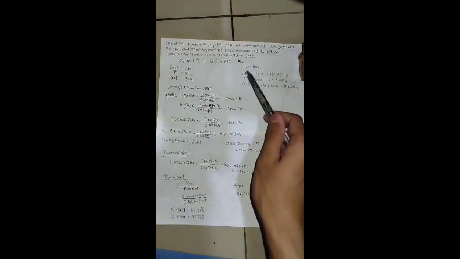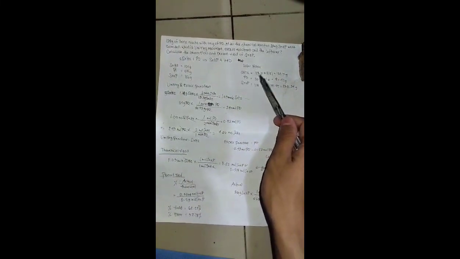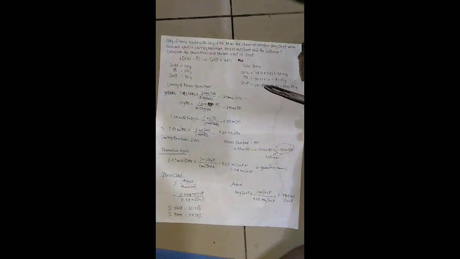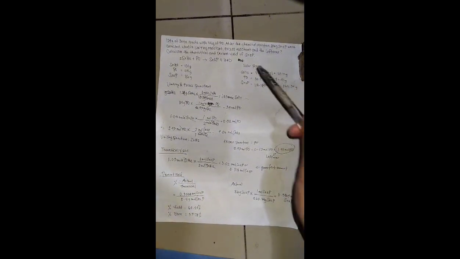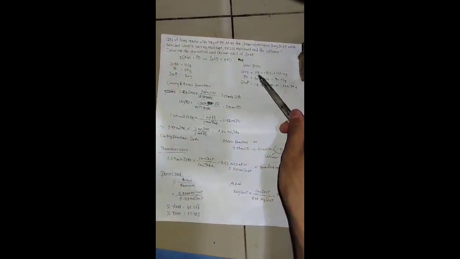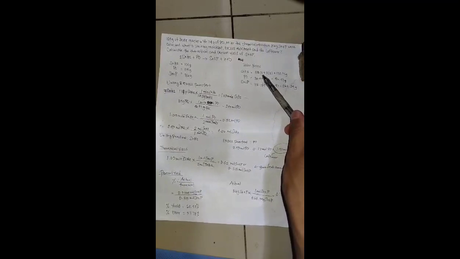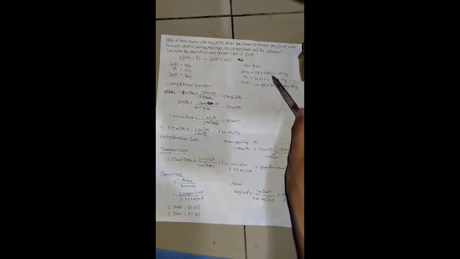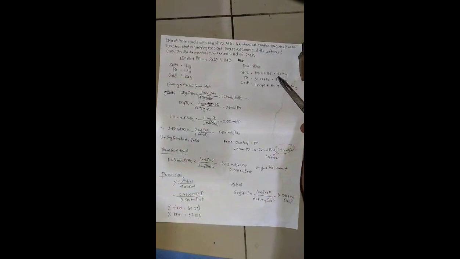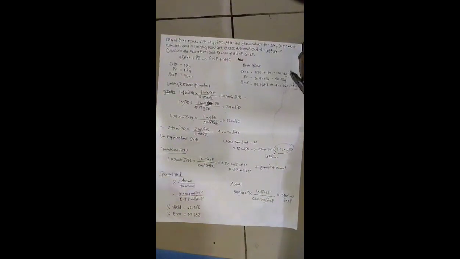Molar mass of Sn has 118. By the way, to find molar mass we can use a periodic table. Now again, Sn has 118.71 plus H has 1 molar mass. There's a 2, so it means times 2. It equals 120.71 grams.